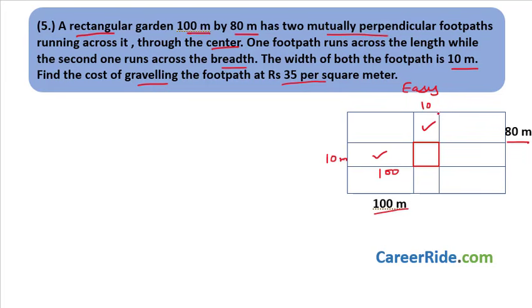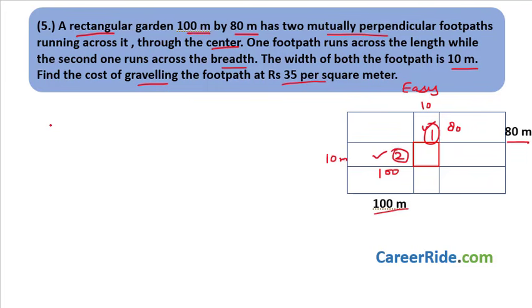And what is the length of this other path? The perpendicular one, the vertical one, it is again 80 meters because it is parallel to the breadth of the original rectangle. So basically the question is asking you to find the area of these two inside rectangles, the first rectangle and the second rectangle.